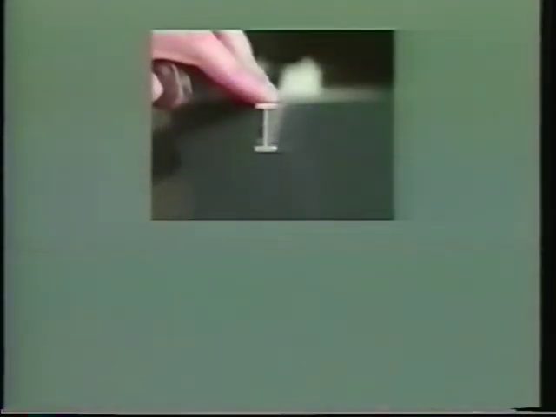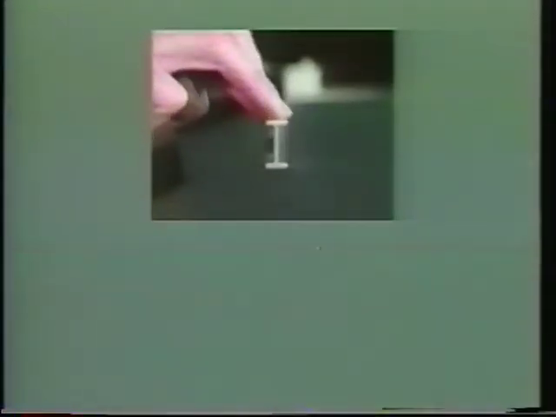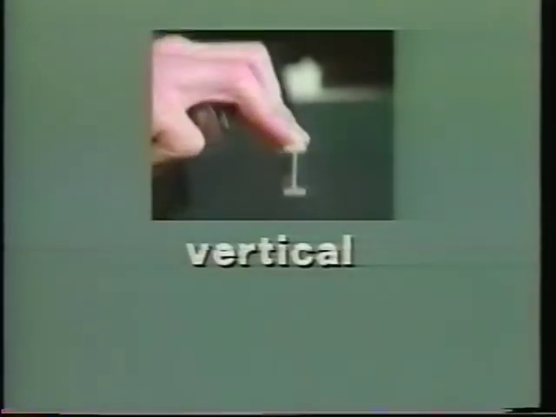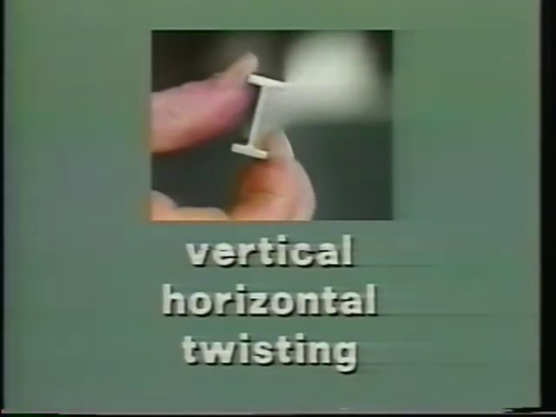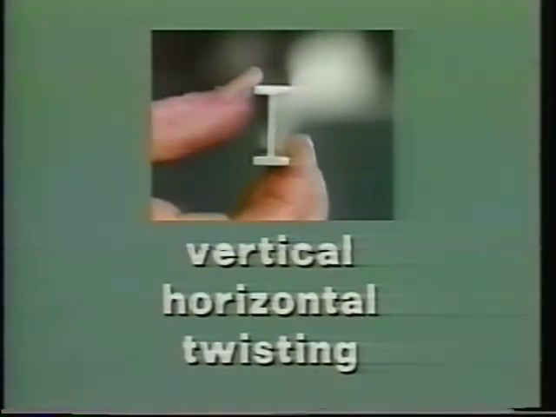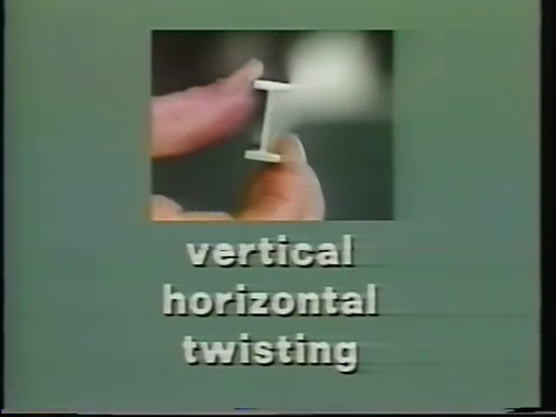It will be seen that, in general, all of these actions, vertical deflection, horizontal deflection, and twisting, can be involved in the response of a beam subject to loading which might be expected to cause flexure about its major axis.